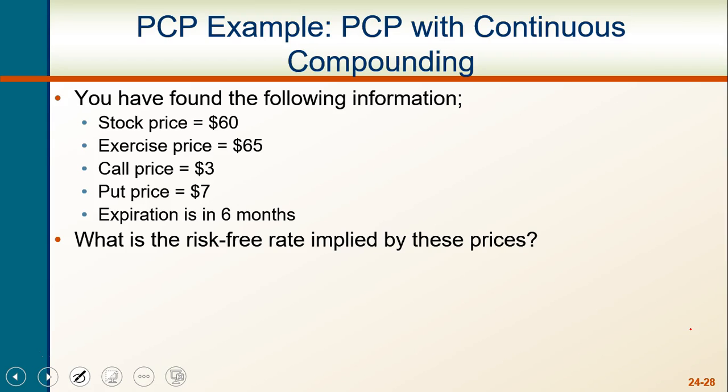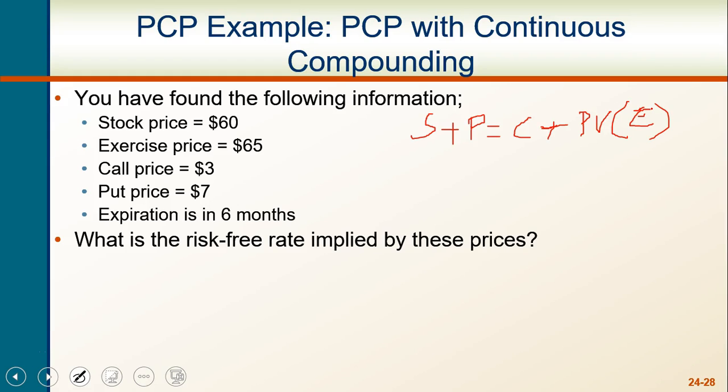But please pay attention to the process that we are going to follow, and I'm hoping that I will be able to write properly on the screen to indicate that to you. So let me start by first of all writing the put call parity. S plus P equals the call plus the present value of the exercise price, and remember we are using continuous discounting.